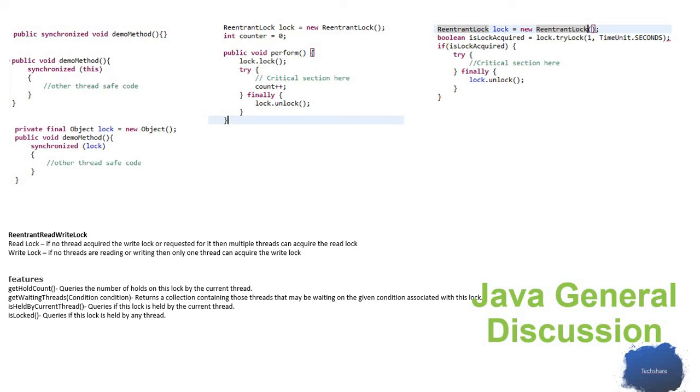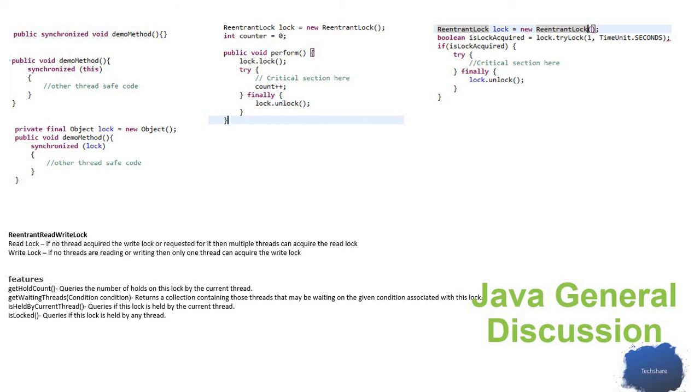But the lock itself has its own drawbacks, because when you are switching between multiple threads, that involves a lot of context switching, which is a very expensive operation on the JVM side.